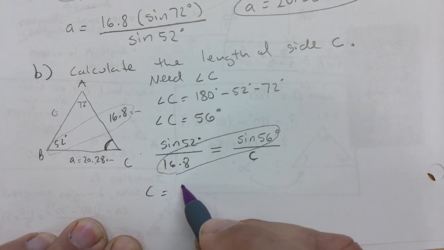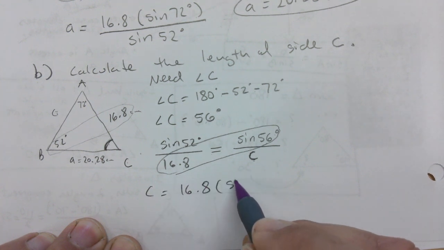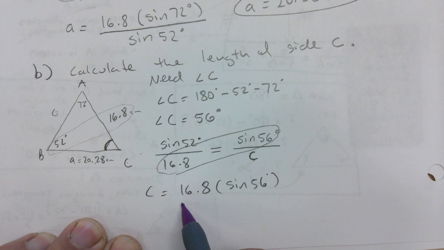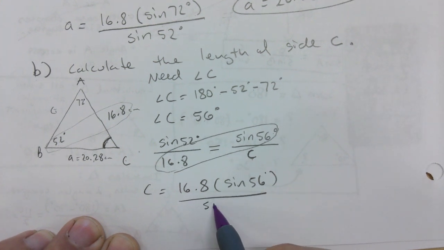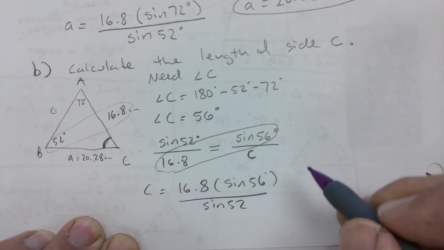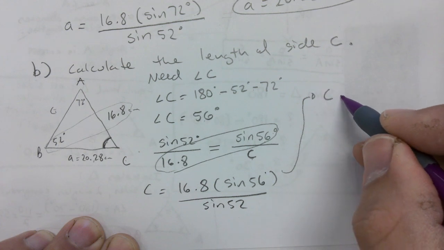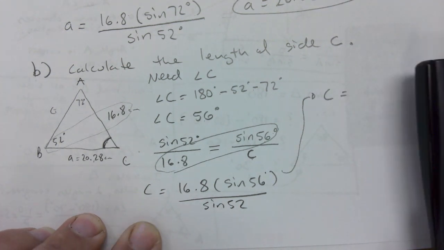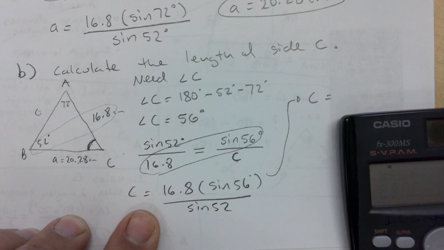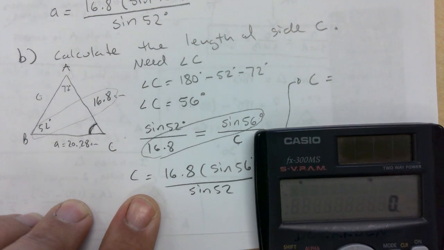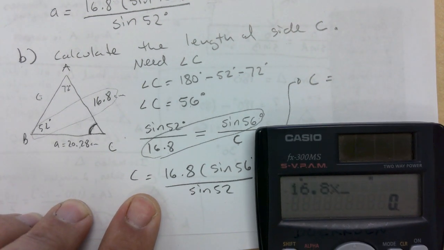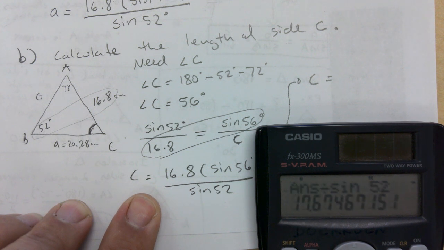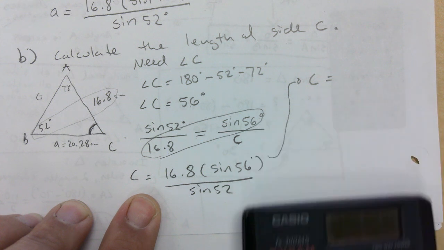So C is 16.8 times sine of 56 over sine of 52. And this one I might actually do with a cell phone as well, so you see it. If you're stuck with a cell phone today, I will show you how that's done. It's 17.67. Round it.